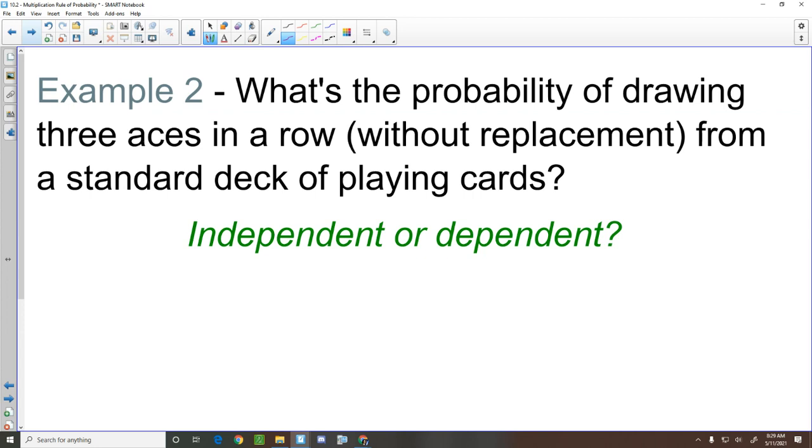Now this is 3 separate events, so A, B, and C. It's still going to be the multiplication rule because they're occurring in sequence. Are these independent or dependent?